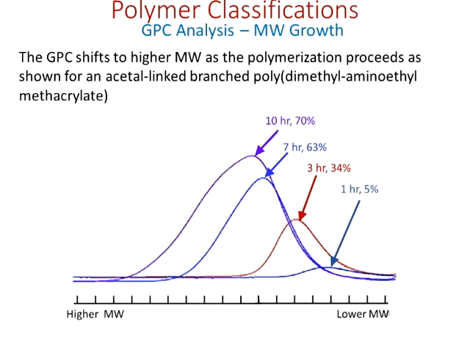Another way to look at GPC is shown here, where we can determine the extent of polymerization. In this particular diagram, higher molecular weight comes out to the left side, lower to the right. To the left side of this chart means it's coming out faster.